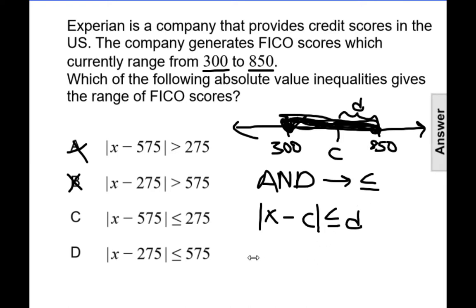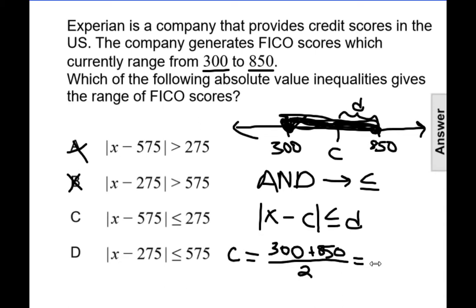So the center we can find by taking the sum of our two endpoints, 300 plus 850, and we would find their average. So we would divide by 2.